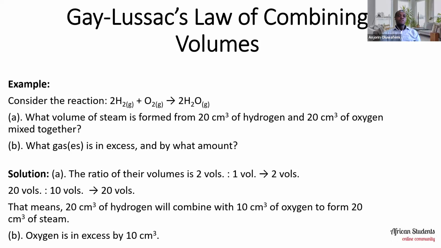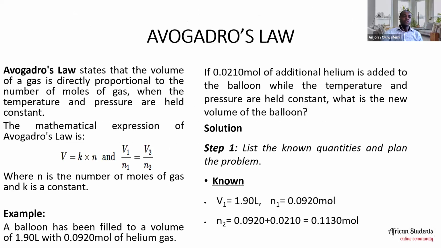Okay, all right. So the next one is Avogadro's law. Avogadro's law states that the volume of a gas is directly proportional to the number of moles of gas when the temperature and pressure are held constant. You can equally say that equal volumes of all gases under the same temperature and pressure contain the same number of molecules.